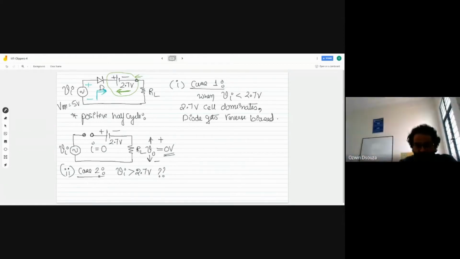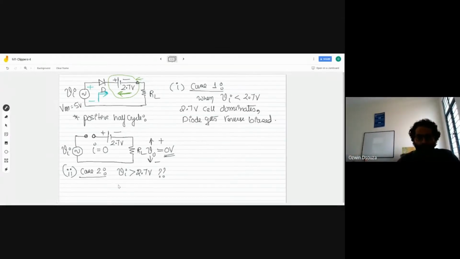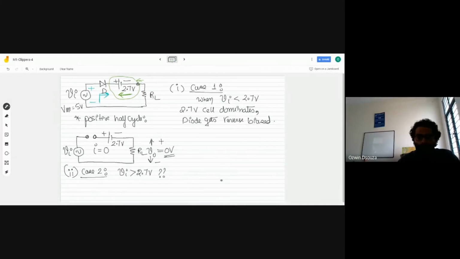When your input is greater than 2.7 volt, the input starts to dominate. Vi dominates. So when Vi dominates, what happens?